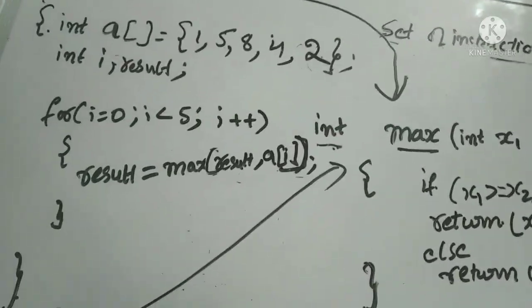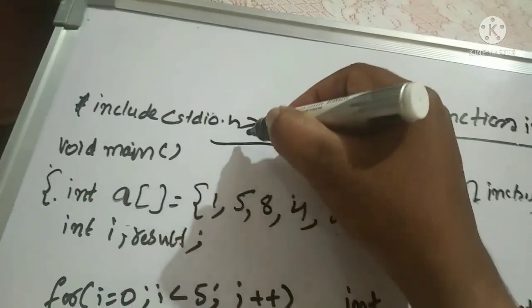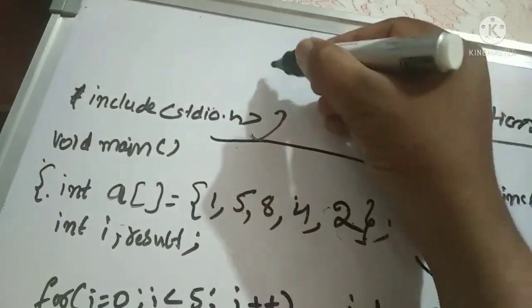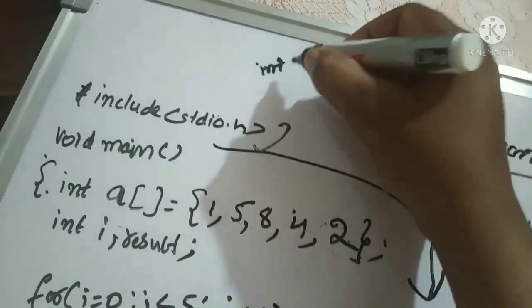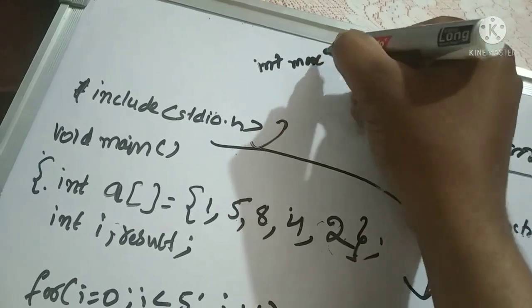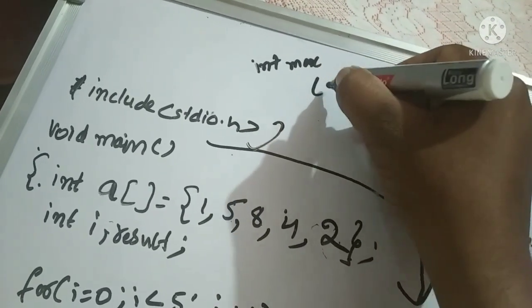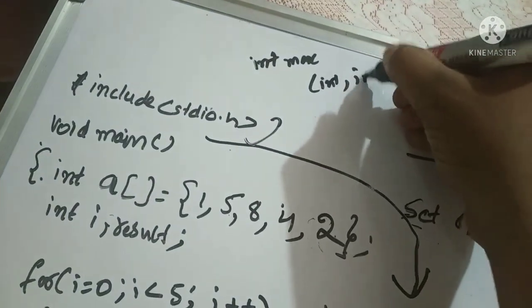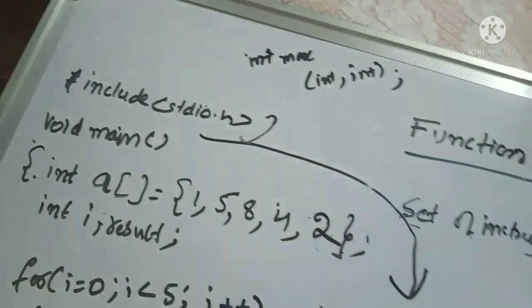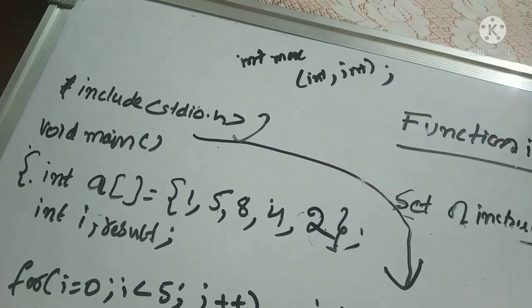If I write it after main, I require the declaration before main. The declaration should include the return type, int, then max, and the types of the variables I am using, int comma int, with a semicolon at the end.